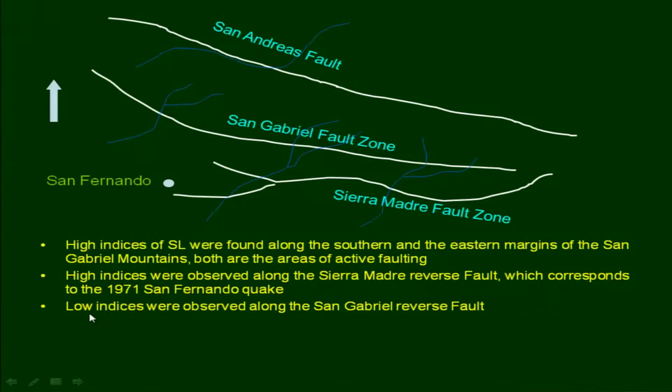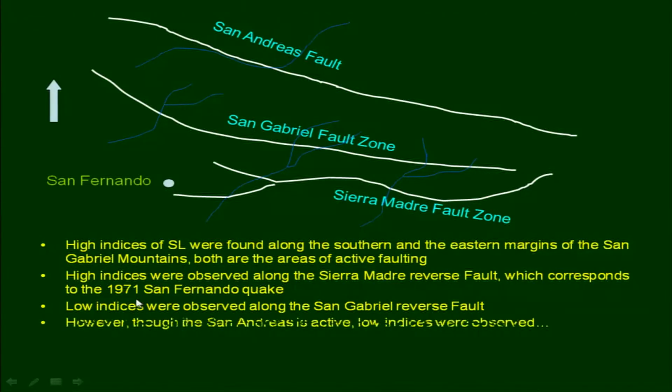Whereas higher indices in this area were because of the 1971 earthquake, low indices were observed along the San Gabriel reverse fault. Along this one, low indices were observed, whereas here higher indices were found because of the 1971 earthquake.